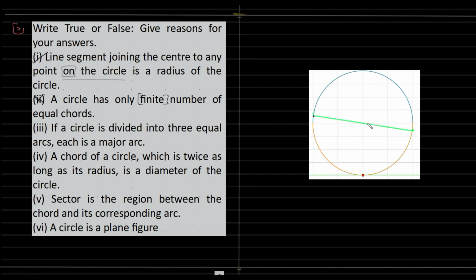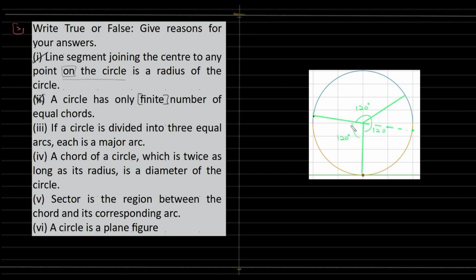So 120 degrees somewhere over there, and one more 120 maybe somewhere over there, something like this. Clearly this is not more than half. All of this is not more than half. For more than half, it has to be of angle more than 180 degrees.